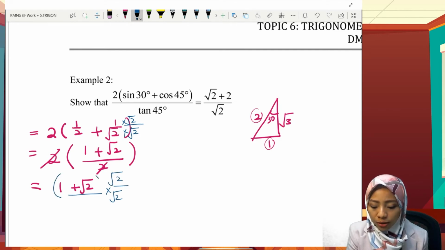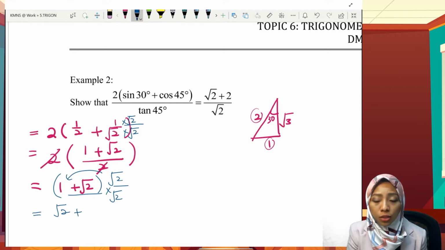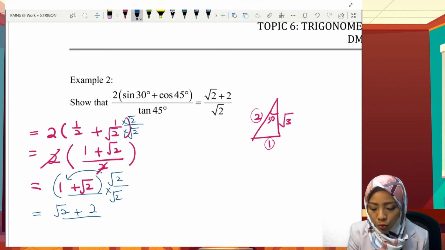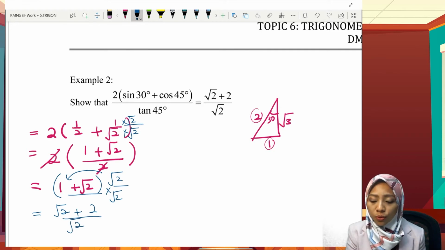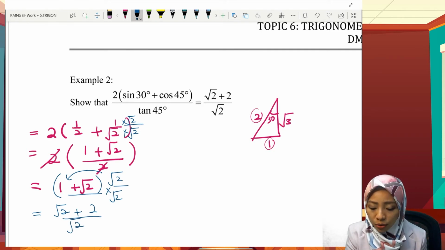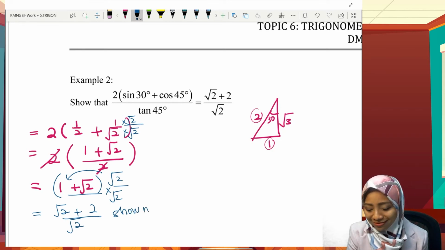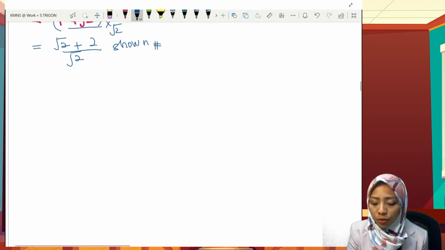Don't forget to write the bracket, and then we expand: root 2 plus root 2 times root 2 gives us 2 over root 2. Now it's the same as stated on the right hand side, so we can proudly write down shown. Okay, alright, let's move on.